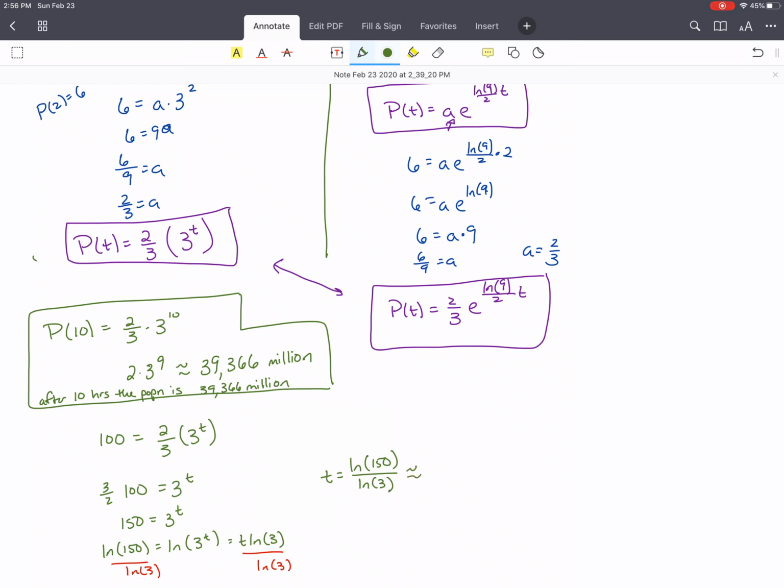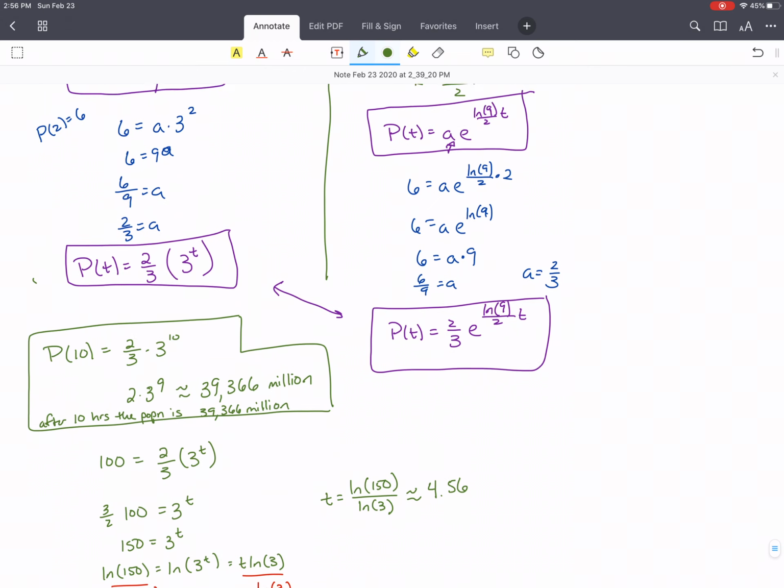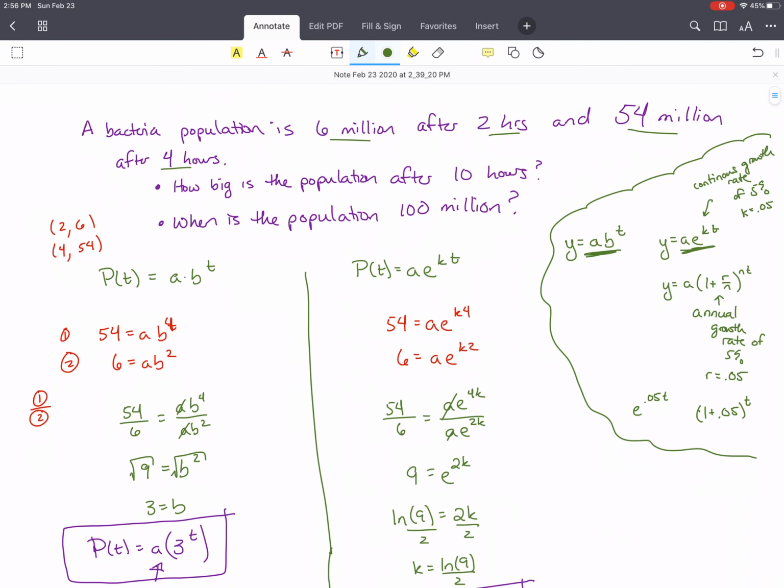So if you take natural log of 150 divided by natural log of 3, I believe you get something like 4.56. And then I have to think back to my question, what are my units on my input? That's hours.